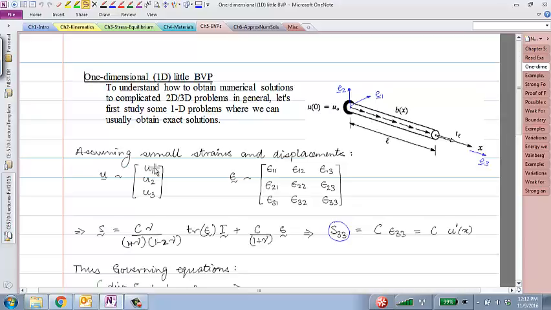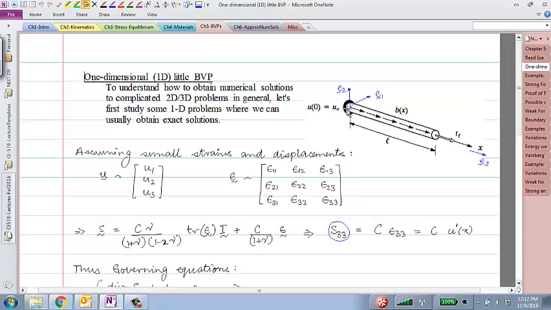So that means that in general, if I take this as E1, E2, and this as E3, which later on we'll substitute x for that dimension, can I say U1 and U2 are 0?